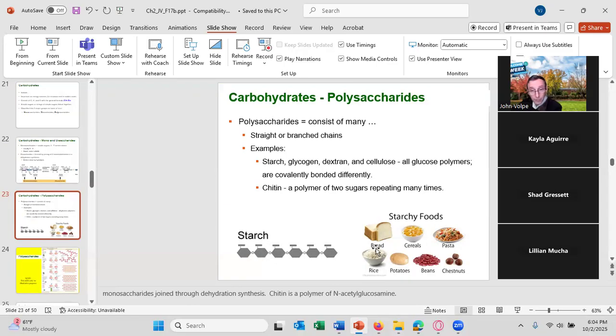Here are some starchy foods. Everybody knows that bread, cereals, pasta, rice, and potatoes are starchy foods. But beans and chestnuts are also starchy foods. If you look at beans, about 1/3 of the weight is carbohydrates, 1/3 is fat, and 1/3 is protein. I don't know the exact chemical makeup of chestnuts.